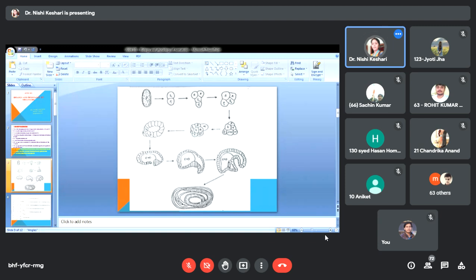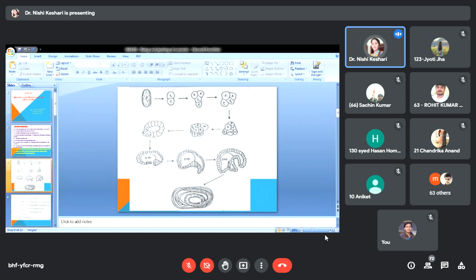Nose, ears, hands, legs, everything is there. Nothing is changing. The only change is that with time we increase in size. So this is what happens in nematodes. Only the size changes, not the shape. These are called juveniles.